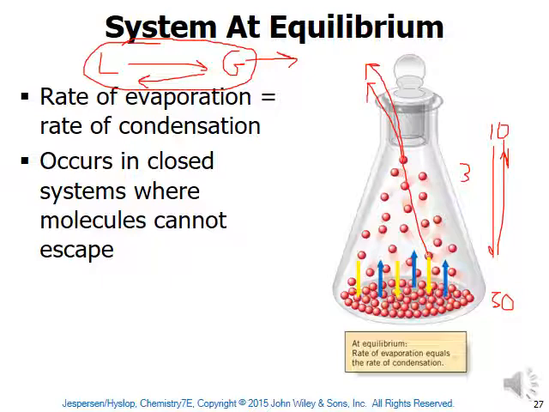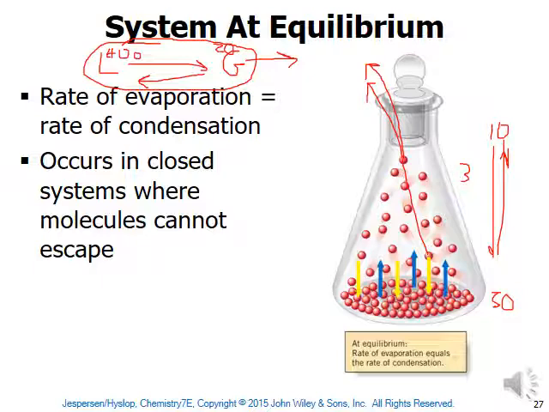So if there's, say, 10 to 2 here in a closed system, and you open up this system, and let's say there's 400 to 20 here, and that's at equilibrium, and let's say the rate is 2 going back and forth. If you open it up, 2 escape, and now this side will be 18.